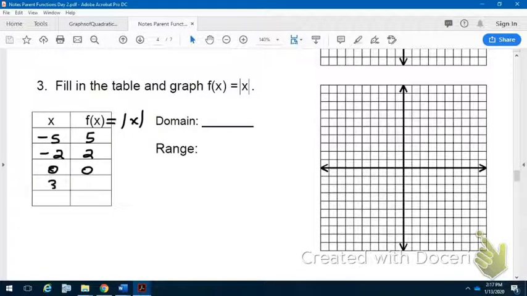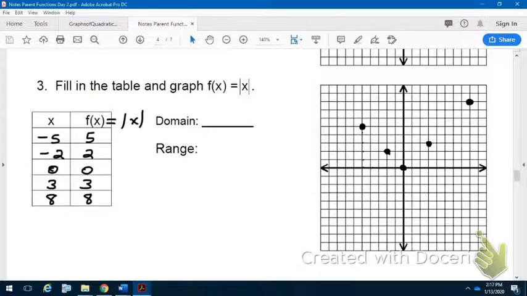I could pick 3, 3, and 8, 8. Okay, just random x's. Y is the positive value of that. So if I have 5, 5, a dot there. Negative 2, 2, 0, 0, 3, 3, and 8, 8.